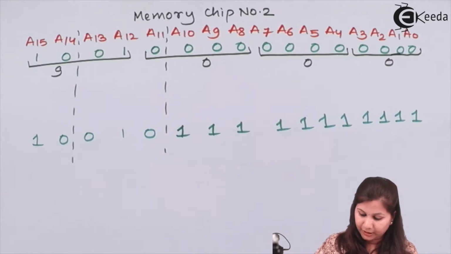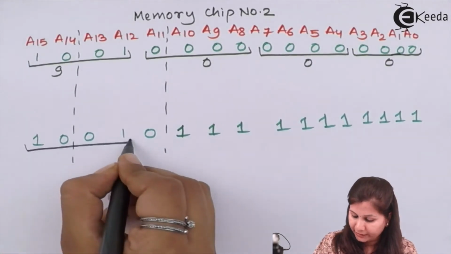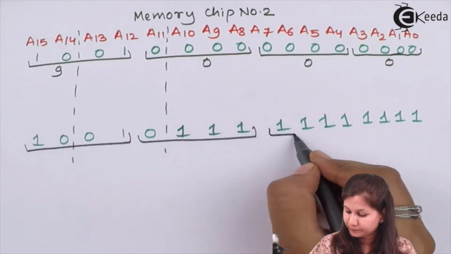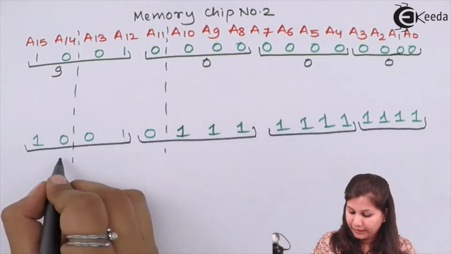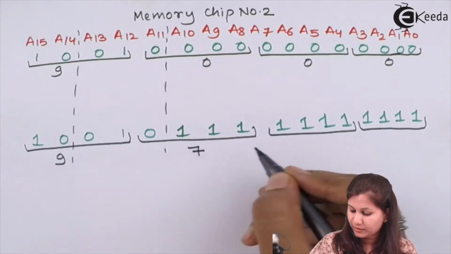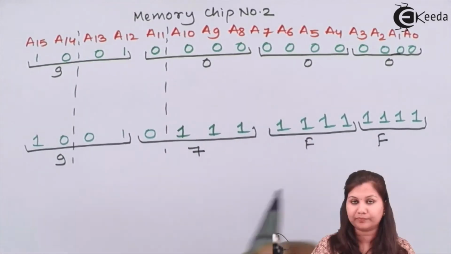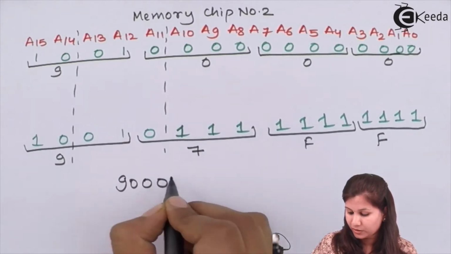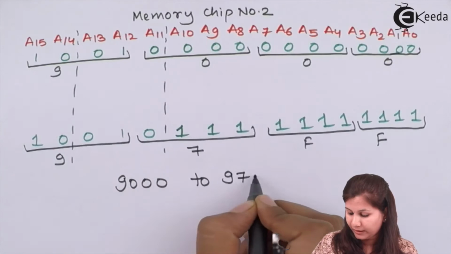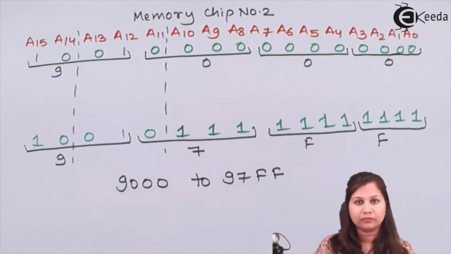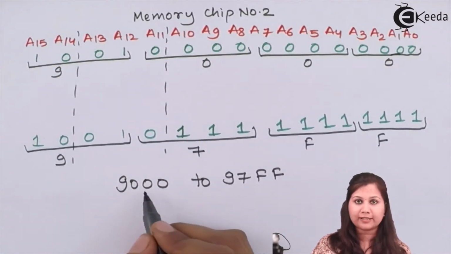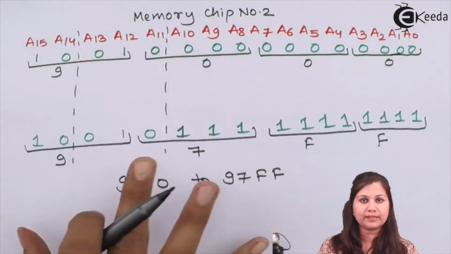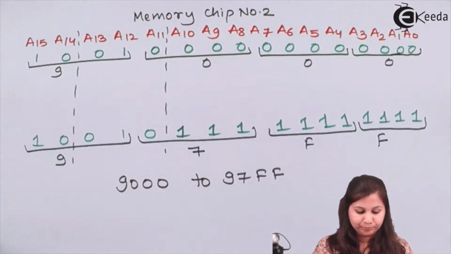So you can see here that the last address we are getting for this memory chip number 2 is 97FF. So the range for this memory chip number 2 is 9000 to 97FF. Okay, the starting address is given to us in the question, and the last address we have determined through this memory mapping.